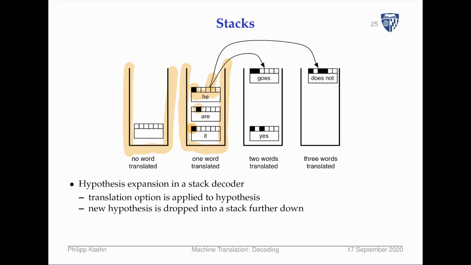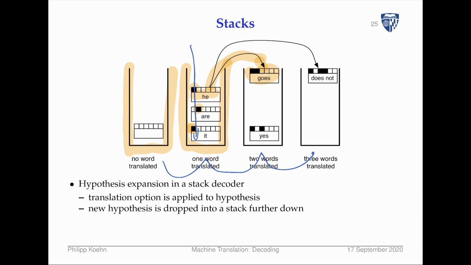Expanding in all possible ways creates new hypotheses that can be put in the stacks to the right of it. They have more words translated, so it's always going to be to the right of it. So the decoding algorithm is really moving through the stacks and then moving through the hypotheses in the stacks and producing new hypotheses.